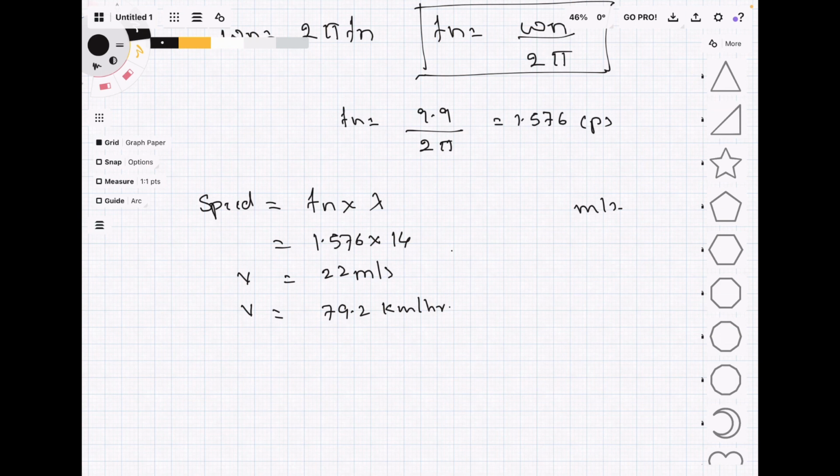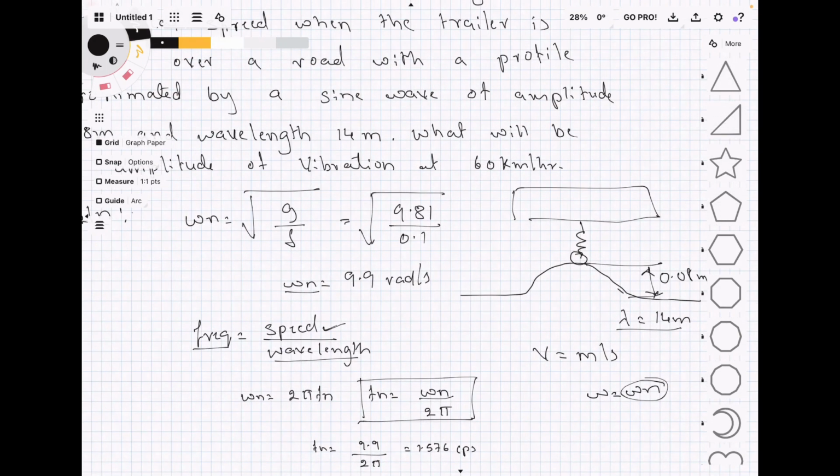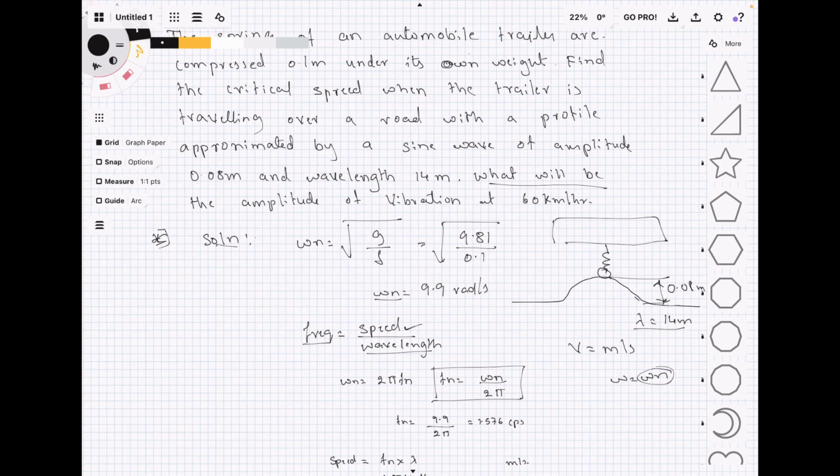So this is the speed where the resonance will happen. If I maintain the vehicle at this particular speed, there will be a lot of vibration. What they have asked now is to find the amplitude at a speed of 60 kilometer per hour. The first question was at what speed the resonance will happen; in the next case, what will be the amplitude of vibration at 60 kilometer per hour.